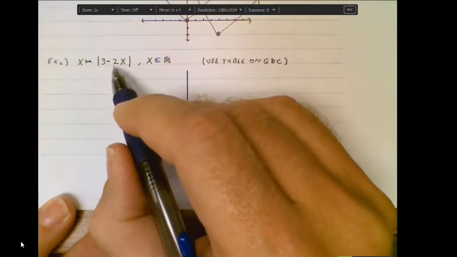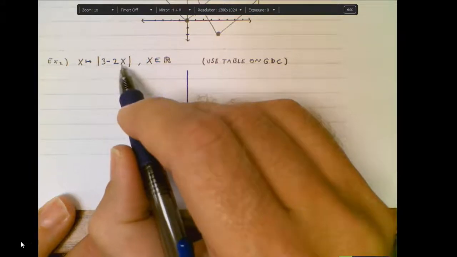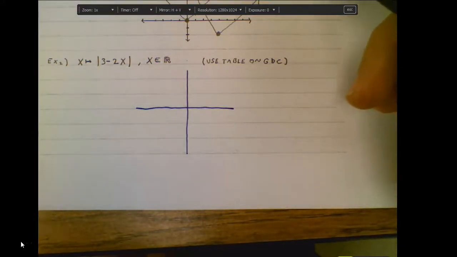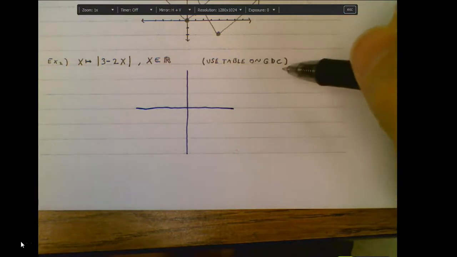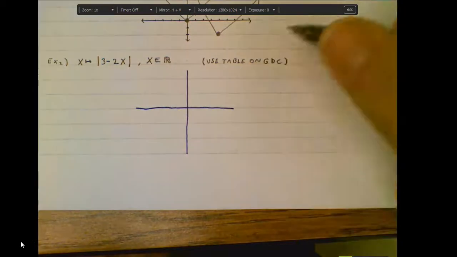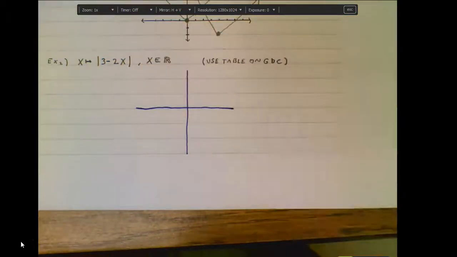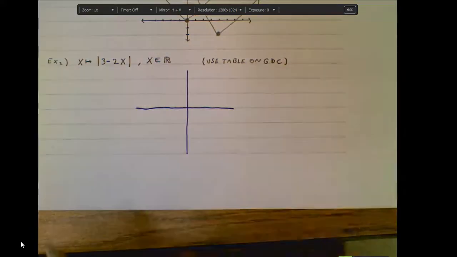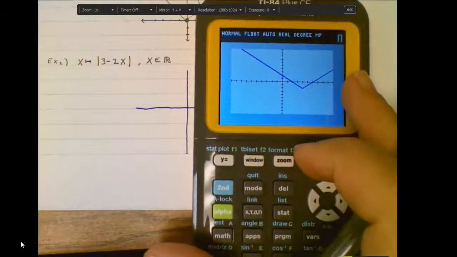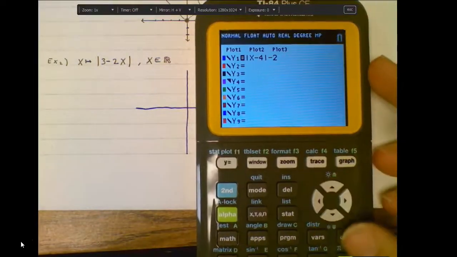Whenever they attach a number to x, it's harder to see how that translation would work, so you might want to take advantage of your graphing calculator for something like this. The last one was easy because it was just x. There was no number in front of x. But when you throw a number in front of x, that does make it harder to deal with in terms of translations. So let me go into my graph on that one.